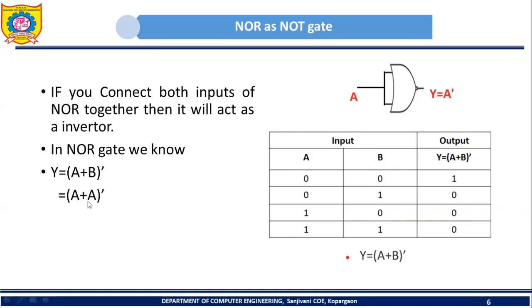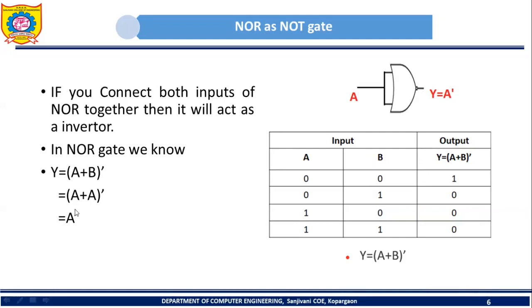Okay, so here both inputs are similar. Now what Boolean algebra says, a plus a, that is a or a is nothing but a. Okay, so here we can rewrite this expression as y is equal to a prime. So what we did, we replace a or a with a, right? So in this way, simply by connecting both inputs of NOR gate together, we can perform NOT operation.